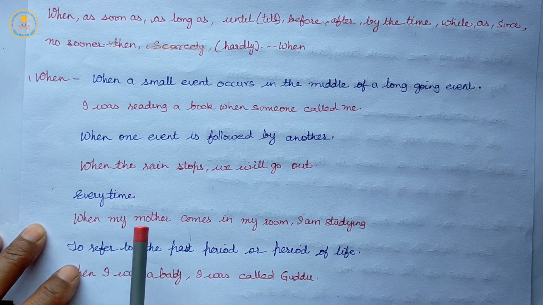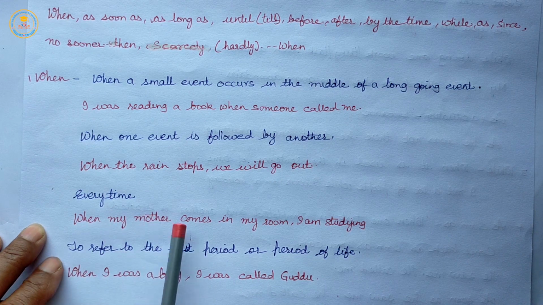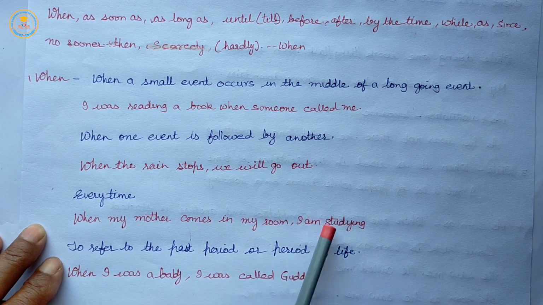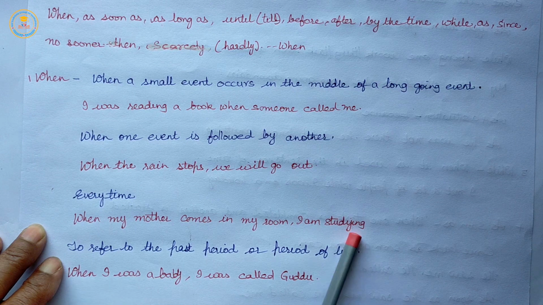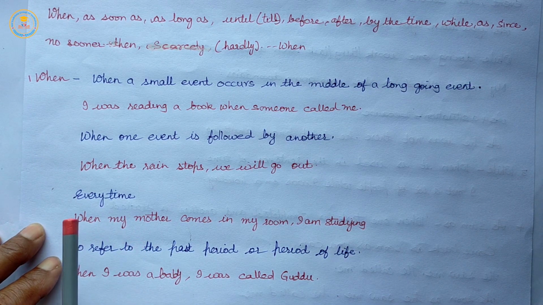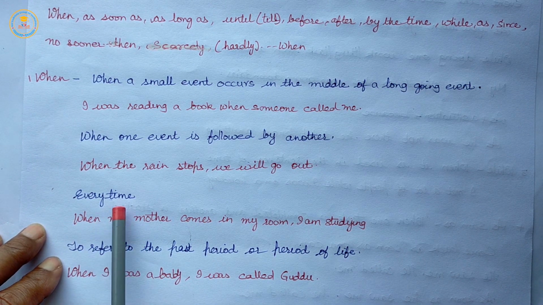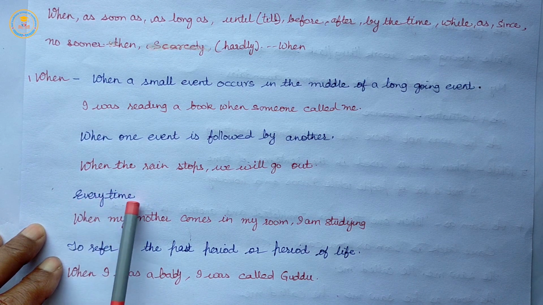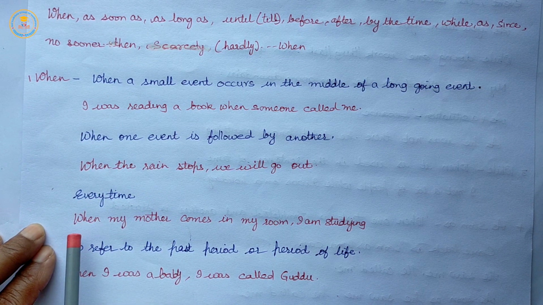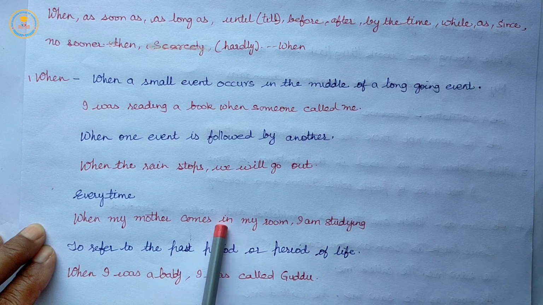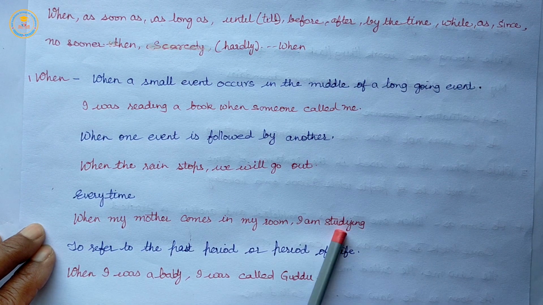Use it for every time: when my mother comes in my room, I am studying. When we are talking about a sentence related to every time, then we use when.